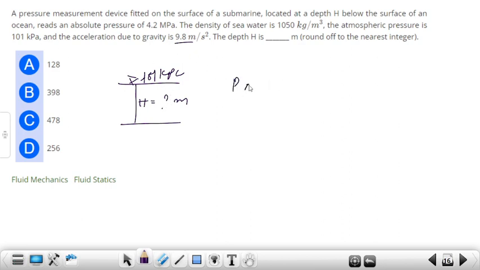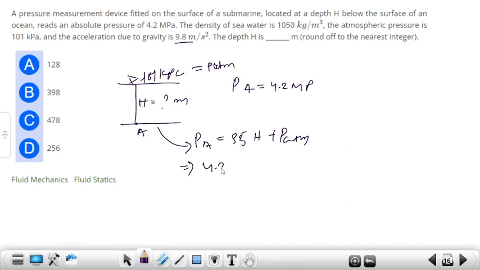So pressure at A is equal to 4.2 megapascal, and P atmosphere is given as 101 kilopascal. Density is 1050 kg per meter cube, and g is equal to 9.8. We know the pressure PA is equal to rho g h plus P atmosphere.